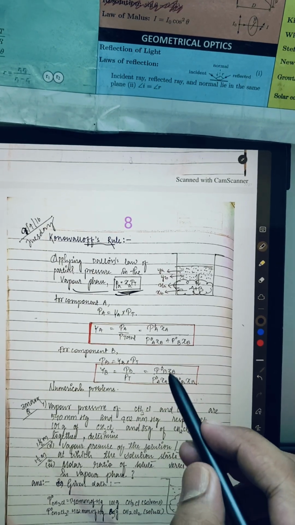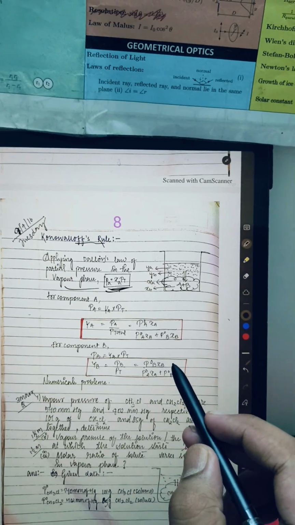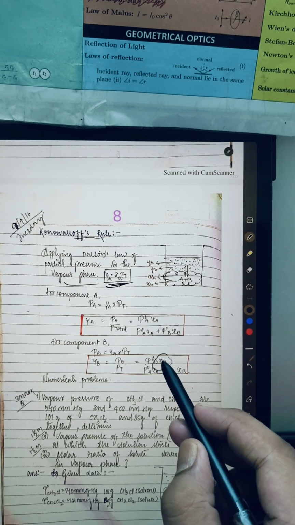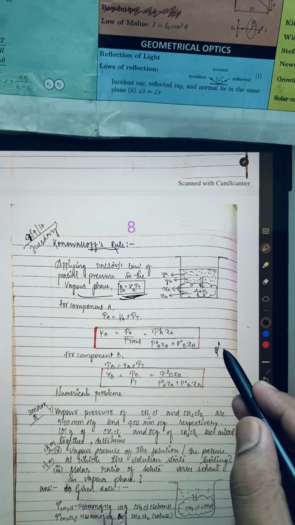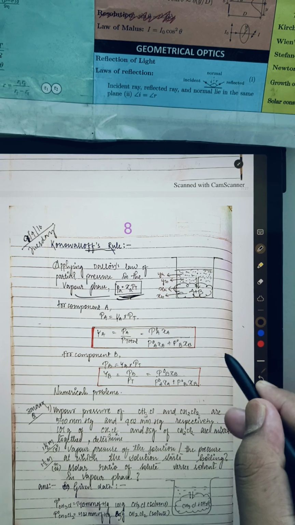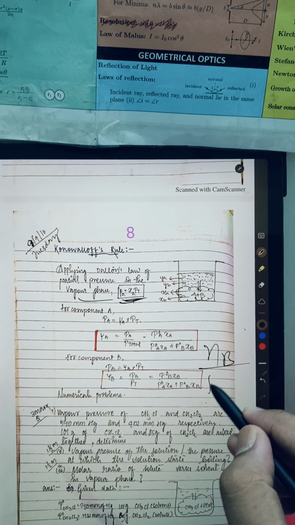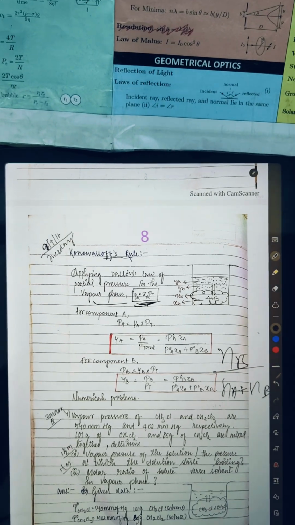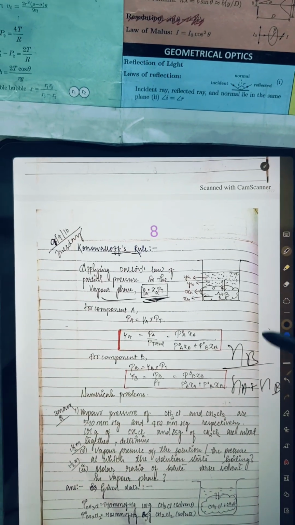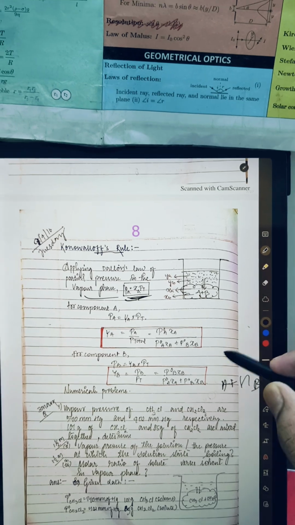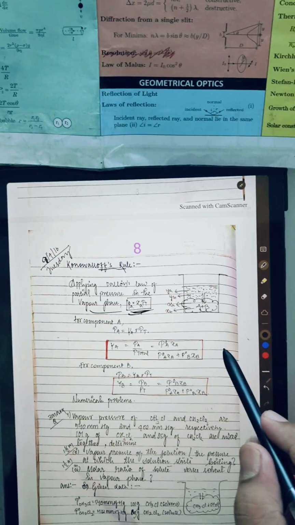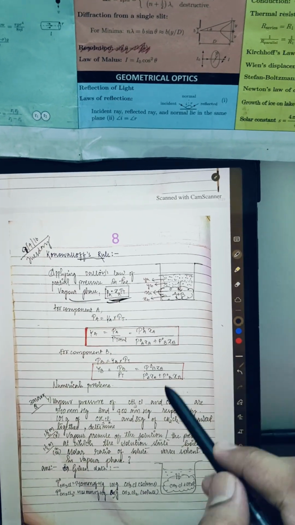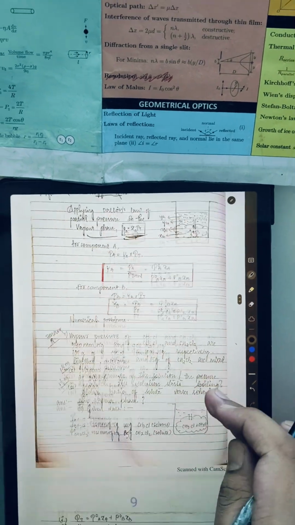And similarly for B, Pb naught chi B, and chi B is the number of moles of B in vapor phase. So chi B means it's in vapor phase: the mole fraction of A in vapor phase, and the mole fraction of B in vapor phase. Now let's read some questions.